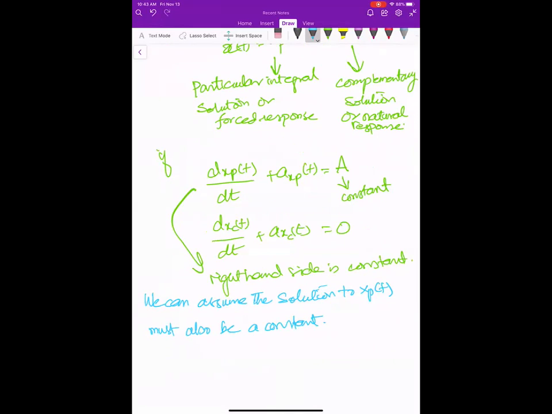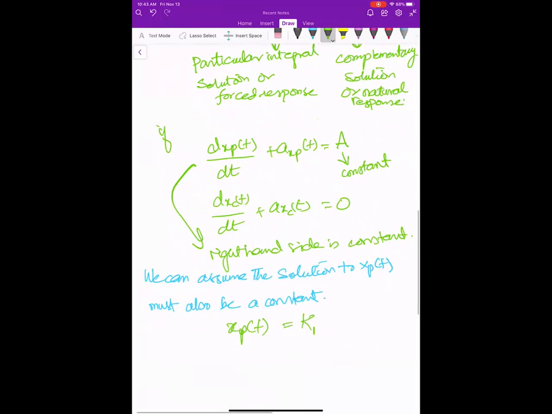So we are saying that xp of t is equal to k1. So when we are replacing this as a solution, that means that k1 is a by a, because that's our xp of t. So that will make, if I'm putting it as k1, that will make it a by a.